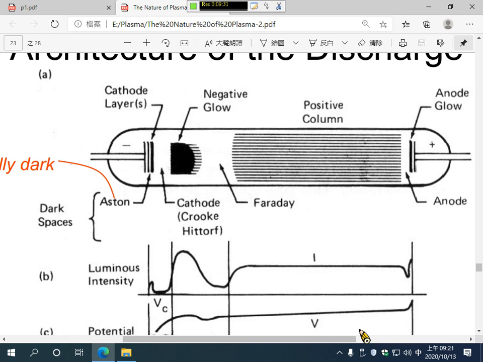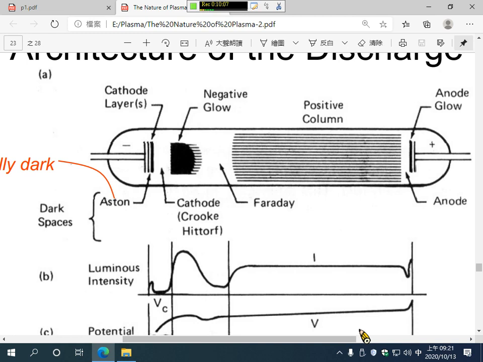Once the atoms are ionized, they become cation and electron pairs. So this part contributes to the generation and sustaining of plasma. So the negative glow is very important in a DC glow discharge.